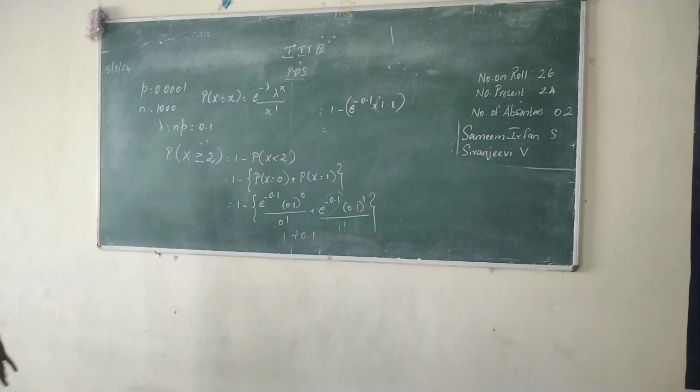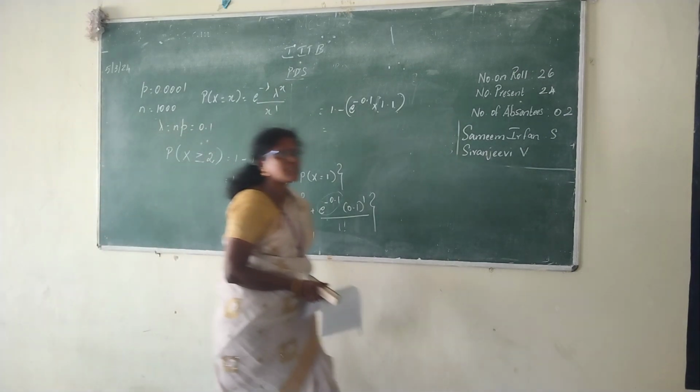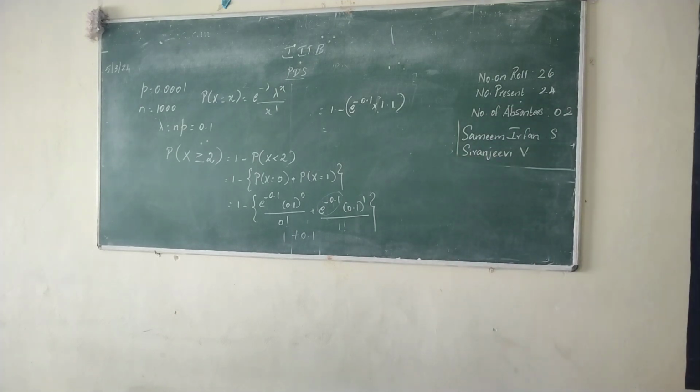How much? Which one is 4 point? This answer. What is the range of probability value? 0 to 1. How can you get the answer as 4 point? How is that possible? You have made some mistakes.